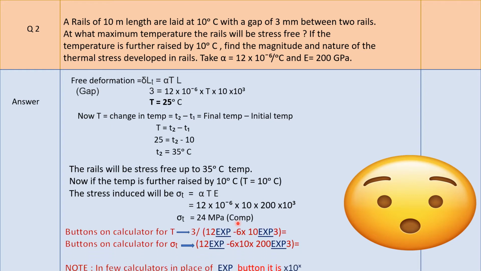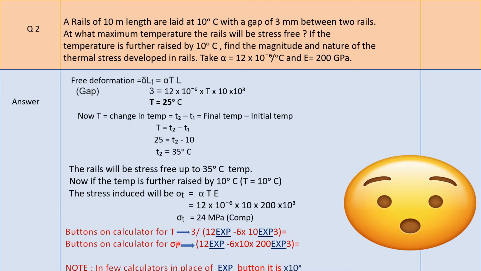Now here I am giving the buttons to be pressed on the calculator. This is for calculating this T. 3 divided by bracket open 12 exponential minus 6 into 10 exponential 3.